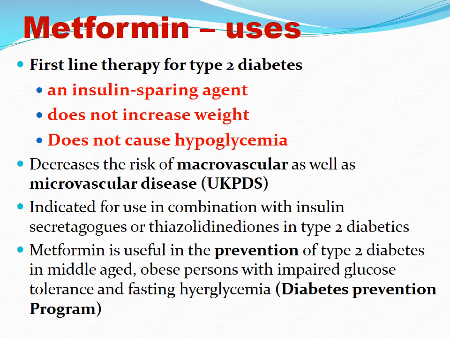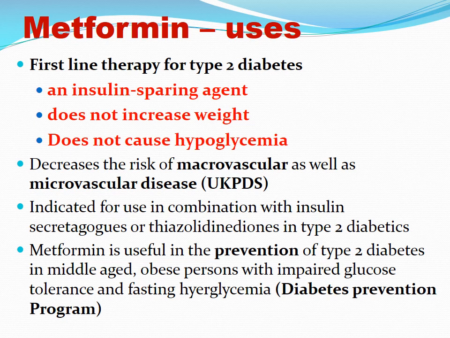Metformin has also been found to decrease the risk of macrovascular and microvascular disease. It can be used alone or in combination with insulin, or with insulin secretagogues such as sulfonylurea or thiazolidinediones in type 2 diabetes.